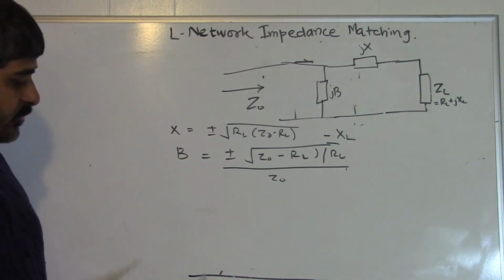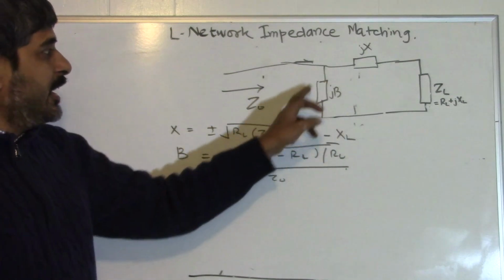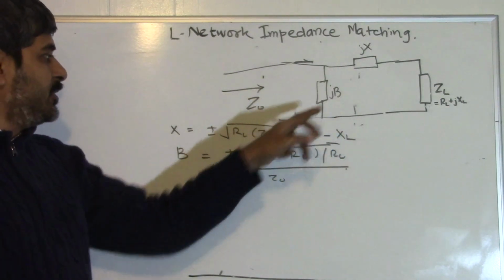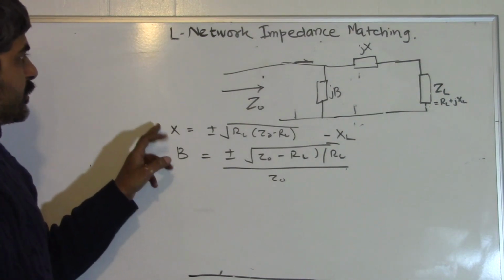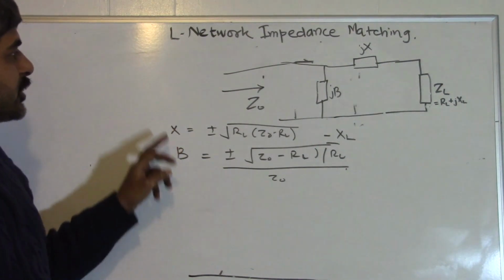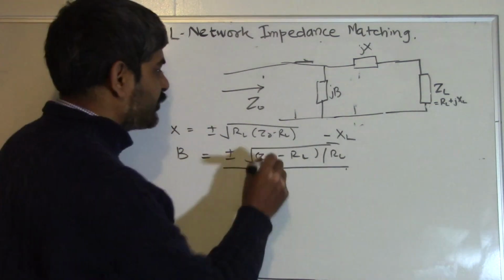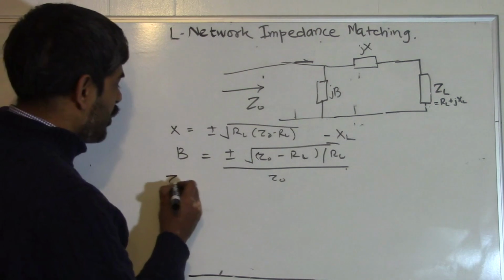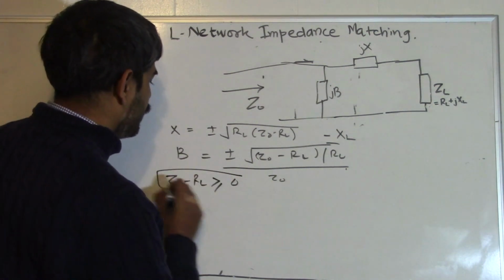Now, if you notice this, this must be a reactive element JB, and X and B both must be real numbers, which means that the condition for this to be fulfilled is that Z0 minus RL must be greater than or equal to 0.